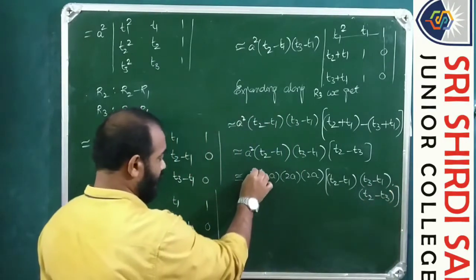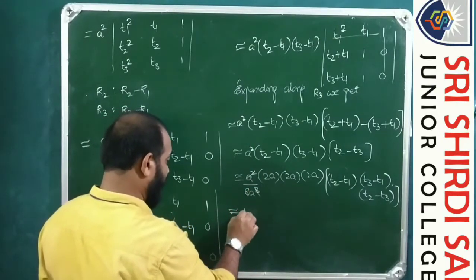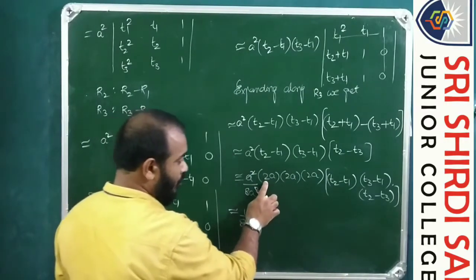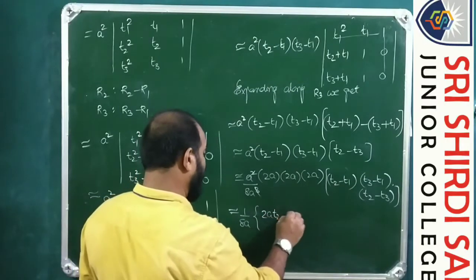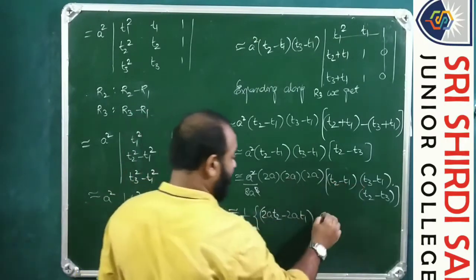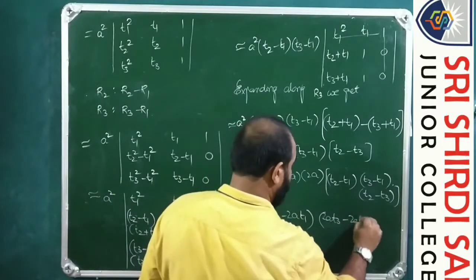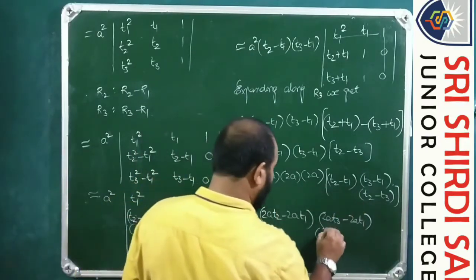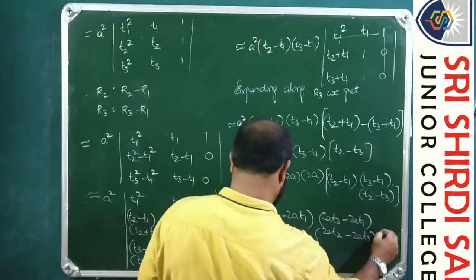This and this get cancelled. So we are left with 1 by 8A into 2A T2 minus 2A T1 into 2A T3 minus 2A T1 into 2A T2 minus 2A T3.